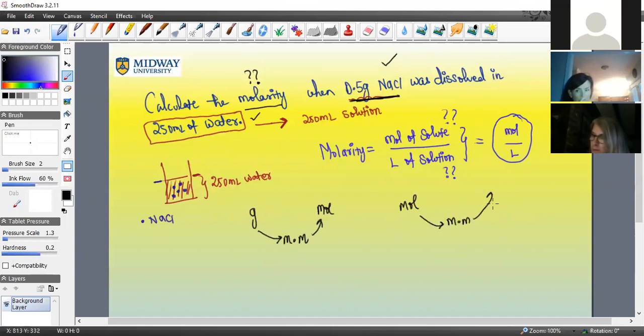It's just how you use them, whether you put it at the top or bottom, that differs. But this is the first case scenario right here. We've got grams and we have to get to moles. That means we have to find the molar mass of sodium chloride. Sodium is 23, chlorine is 35, so it's 58 grams.